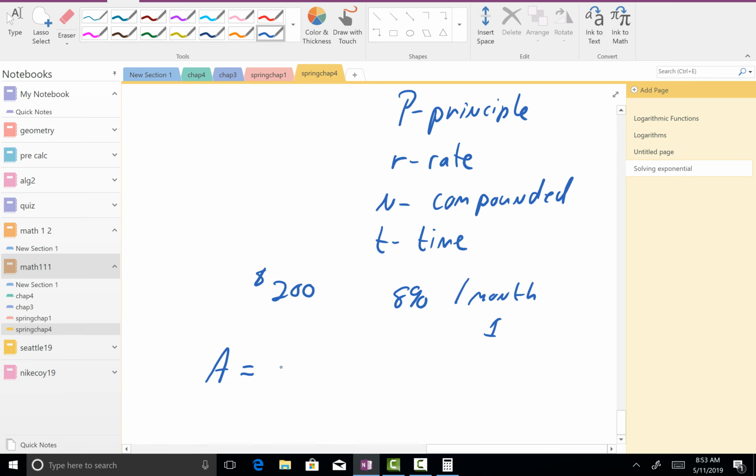So we have A equals 200 times (1 plus the interest rate, which you lowered a little bit for them, over N), where N is the number of times it's compounded in a year. Since it's monthly, we'd put a 12 there, which is the most common one. And then you'd have 12 times 1, because it's just over the course of a year.